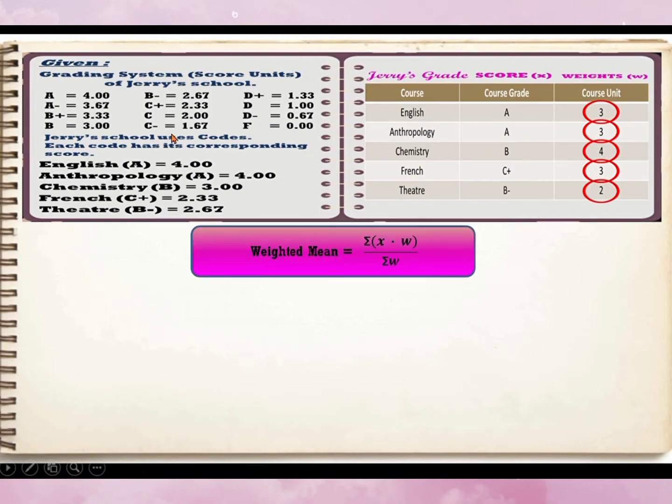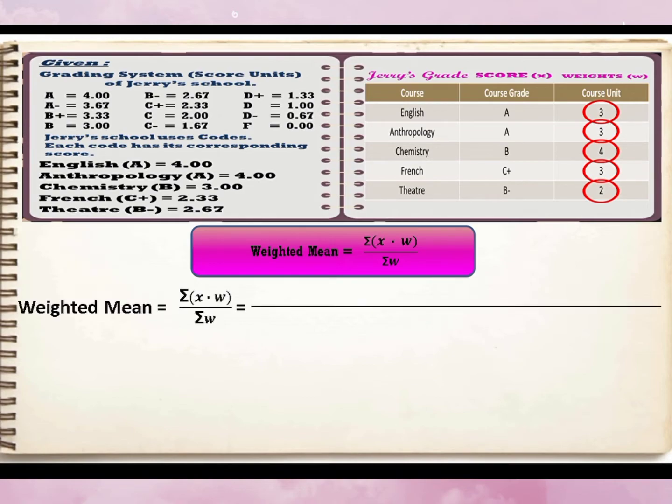Again, our formula is weighted mean is equal to the summation of all given x multiplied by the weights, or the course unit per subject. Then, we are going to divide it by the summation of all given weights or the total sum of course units. Now, let's translate this formula into numerical form. So, we will copy this formula.